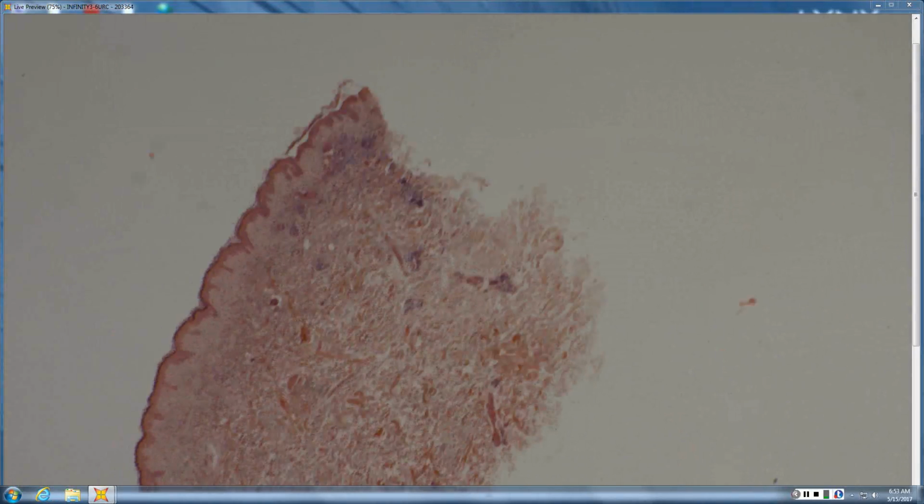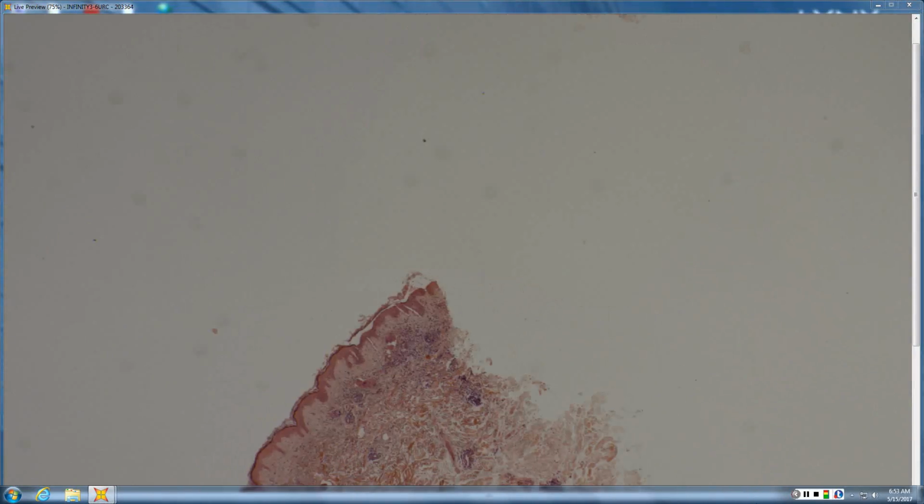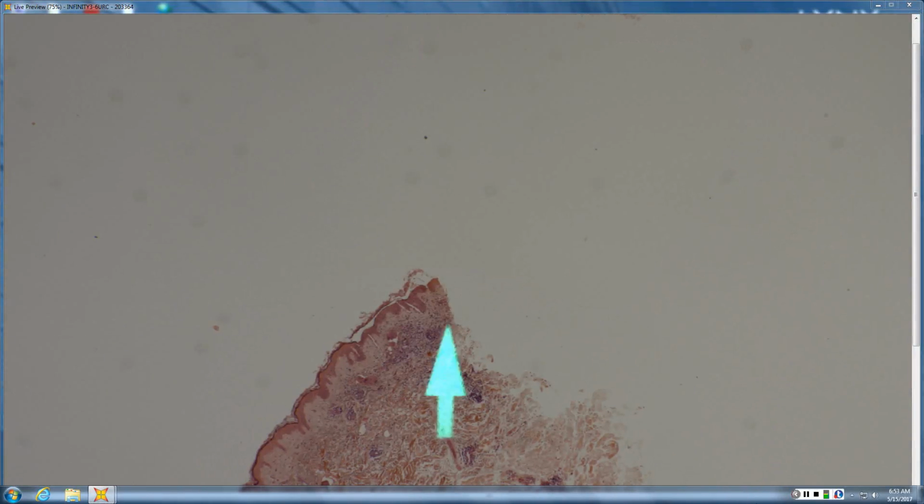It was in Epic. So this one from scan, there's not a whole lot going on, but you do see a little bit of inflammation up here in this corner, and then what appears to be something you might discount as just some squamous metaplasia coming off the epidermis here.